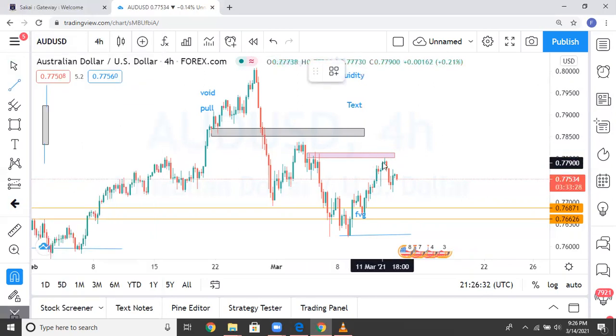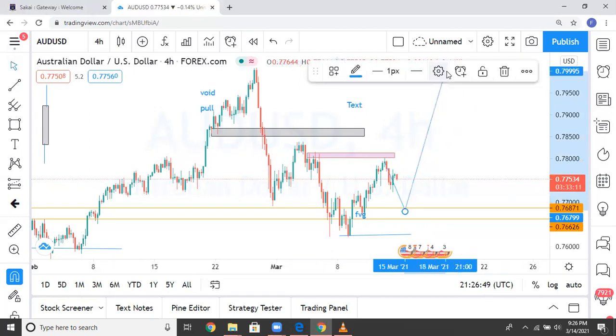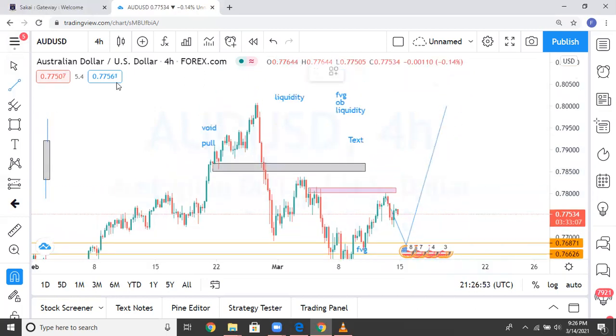We can wait for the market to come down from this side to here. Around this side, we can put our pending orders, so when the market gets there, it will just activate our trade. And we can put our TP on this side.